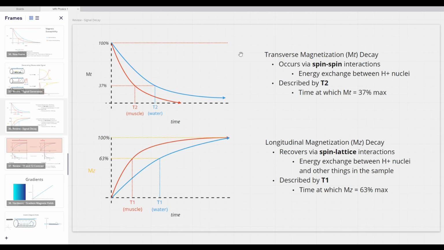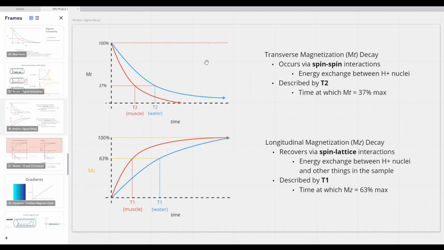So this first curve is our T2 curve, right? The difference between water and muscle. So just to review, transverse magnetization decay, which is this curve, occurs via spin-spin interactions. Remember, those are interactions between protons, energy exchange between one proton and another. And we used water as the example of something that is moving freely.